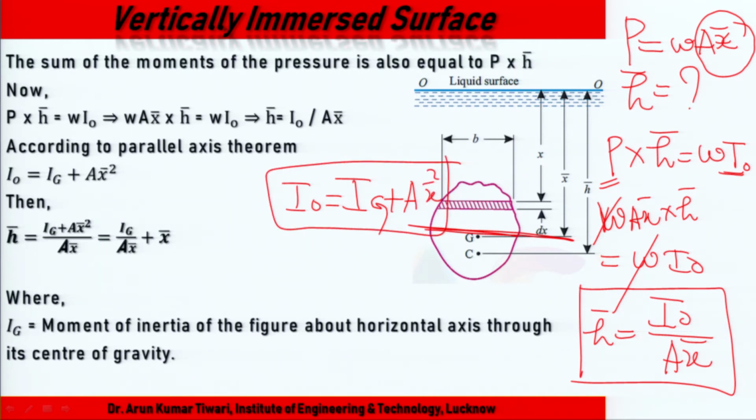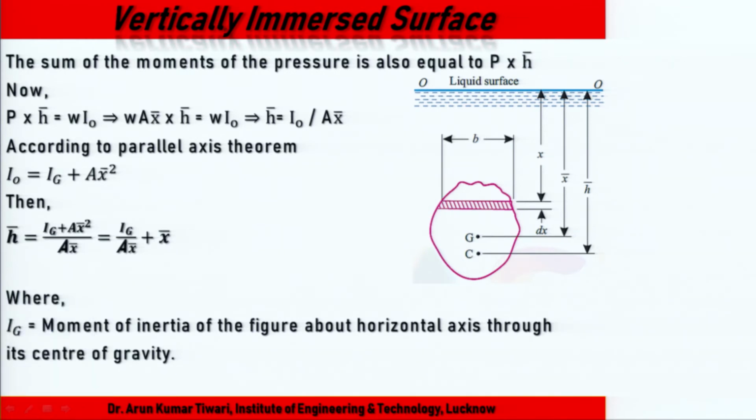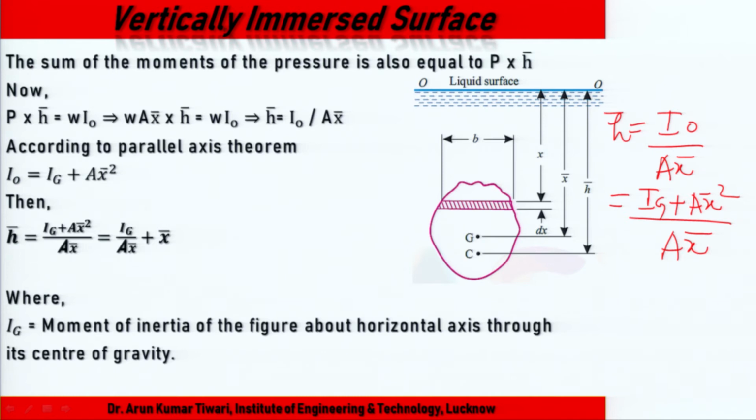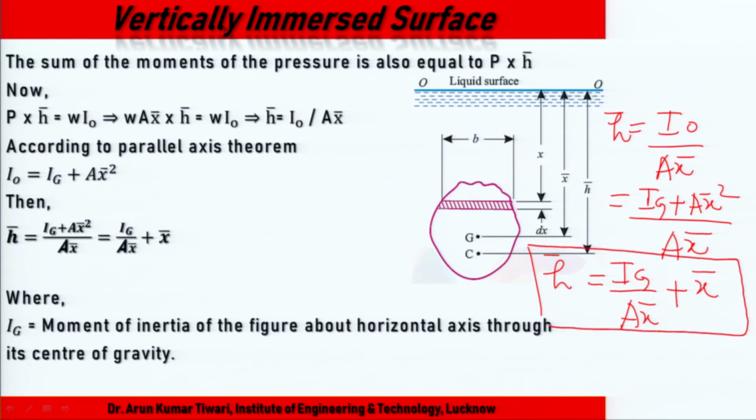Because we calculated h bar equal to I naught upon A x bar, in place of I naught we put I g plus A x bar square, upon A x bar. So this becomes I g upon A x bar plus x bar.